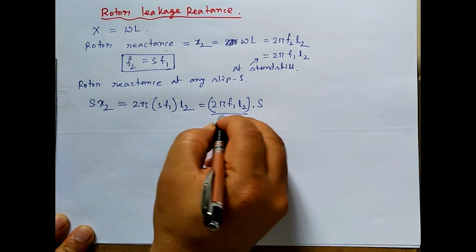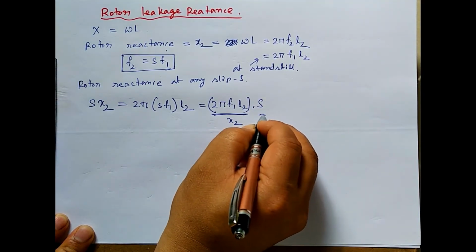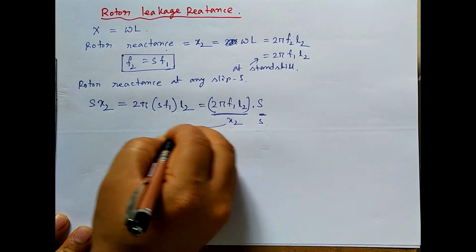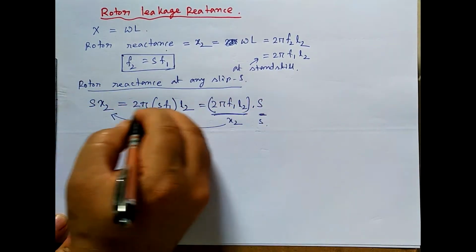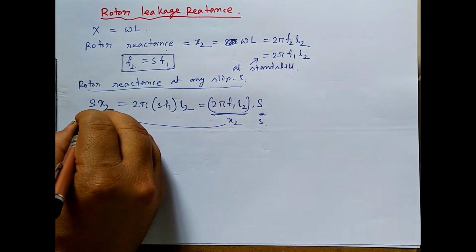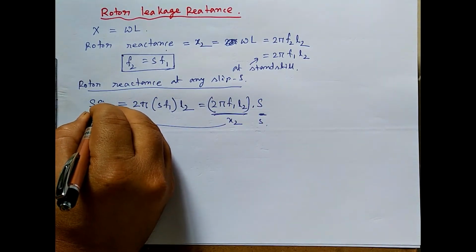Here this is X2 and this is s, so it is written as sX2. So the rotor reactance at any slip s will be s into X2.